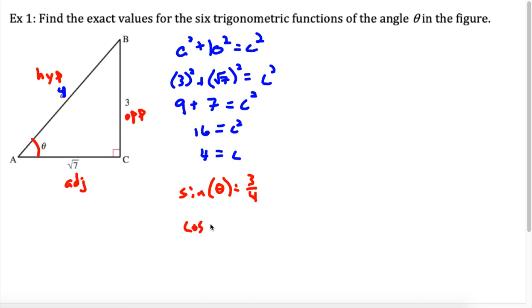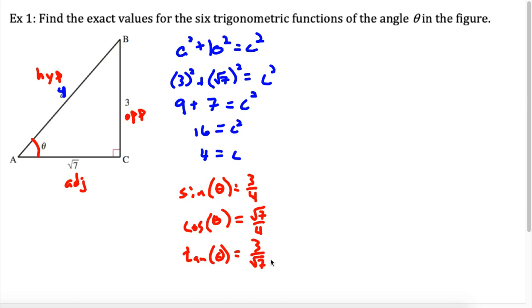Cosine of theta would be adjacent over hypotenuse, which would be the square root of 7 over 4. And tangent of theta would be opposite over adjacent. So 3 over the square root of 7.